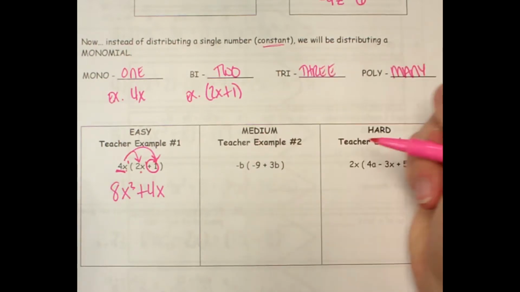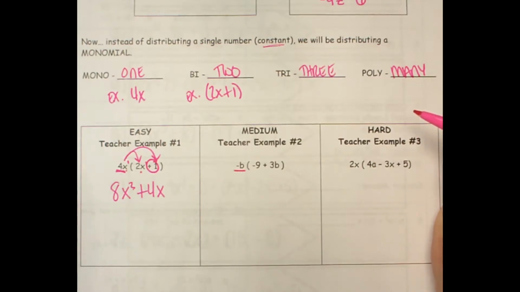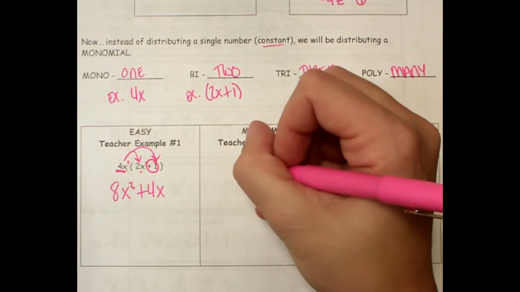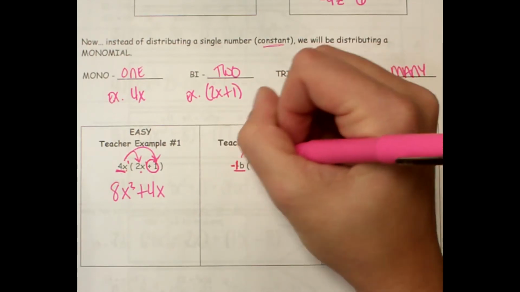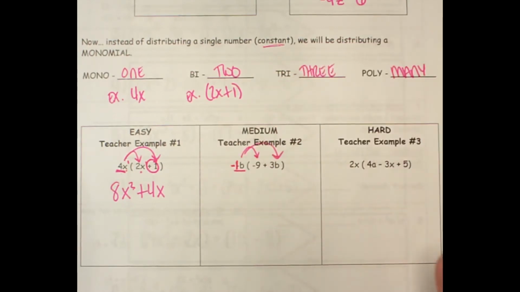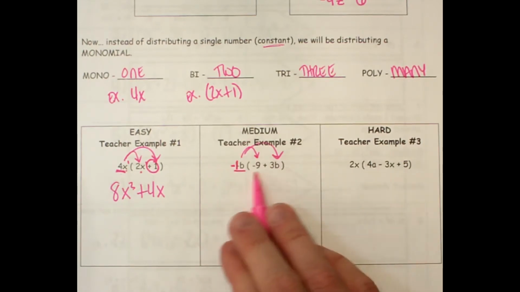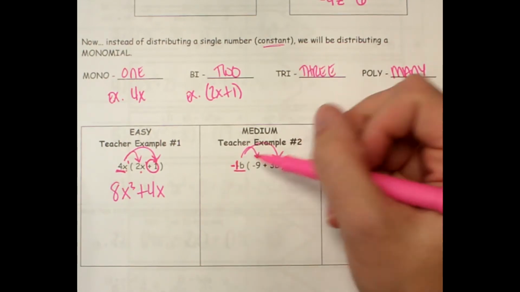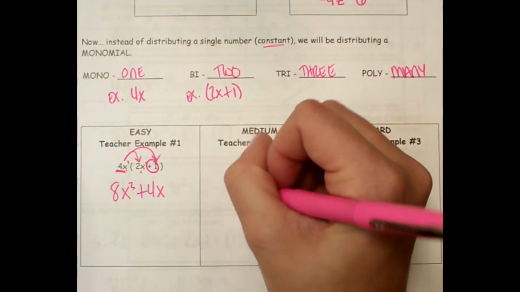So now looking at the second one, whatever's on the outside of those parentheses, this time it's a negative b, which means that it is a negative 1b. You're going to distribute it to everything inside the parentheses. So this is a monomial. You're distributing it to a binomial. So a negative 1 times a negative 9 is a positive 9.